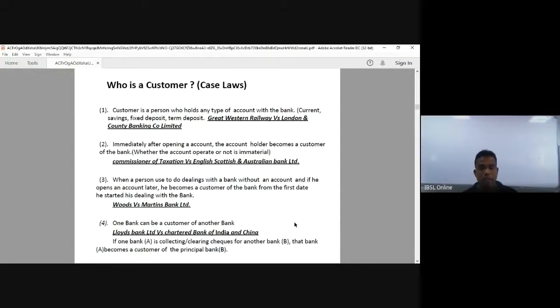That means when I opened the account in June 2021, I become a customer of the bank from January 2021. So it is backdated. Very, very important and crucial point for bankers.